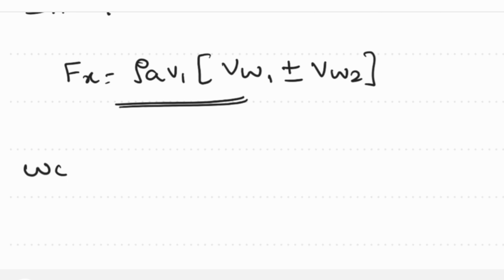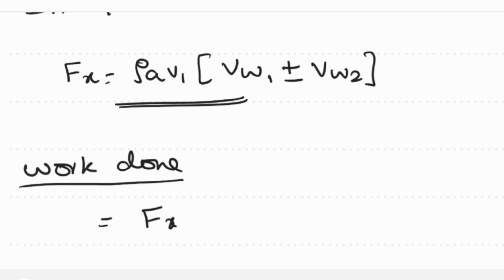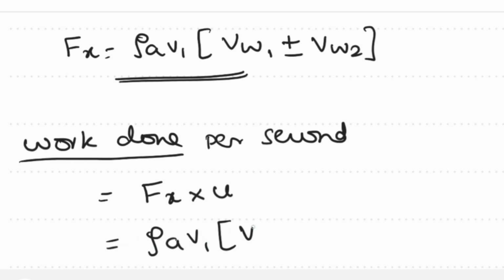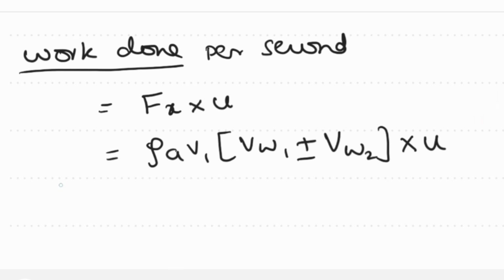Similarly, work done is nothing but Fx into u. So this is work done per second, that is equal to rho into A into V1 into Vw1 plus or minus Vw2 into u.